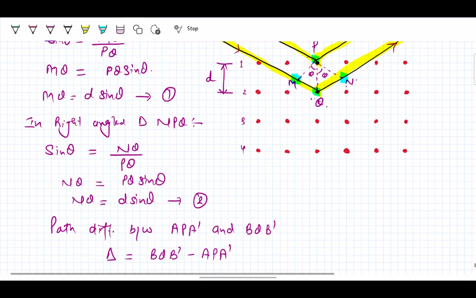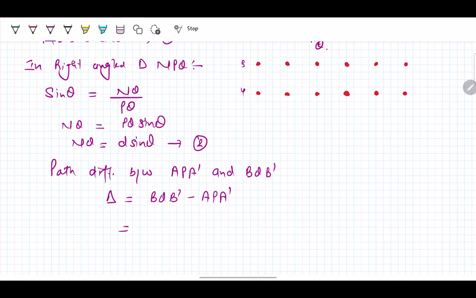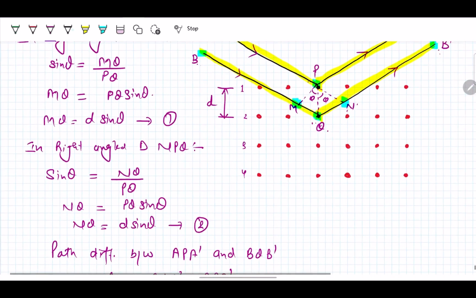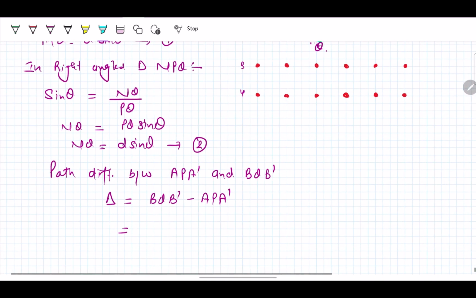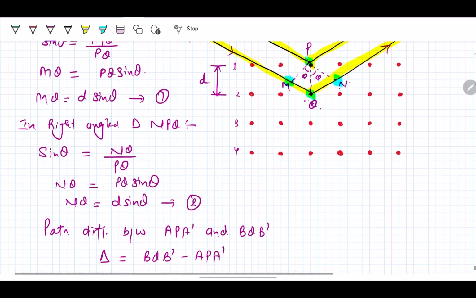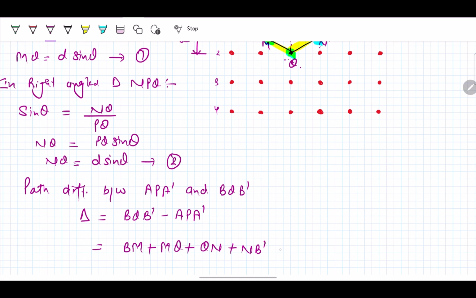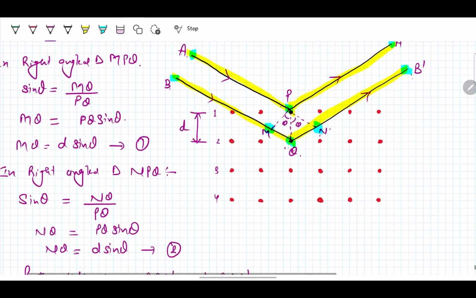We can divide BQB dash as BM plus MQ plus QN plus NB dash, and APA dash can be divided into AP and PA dash.